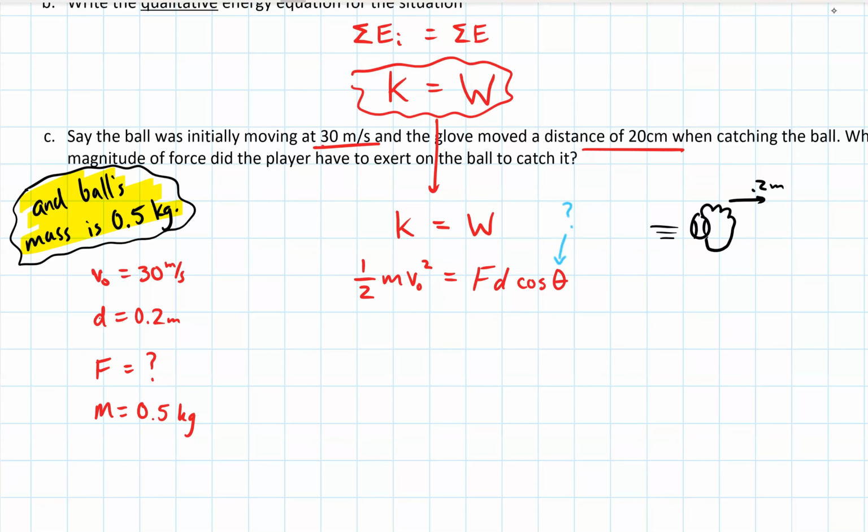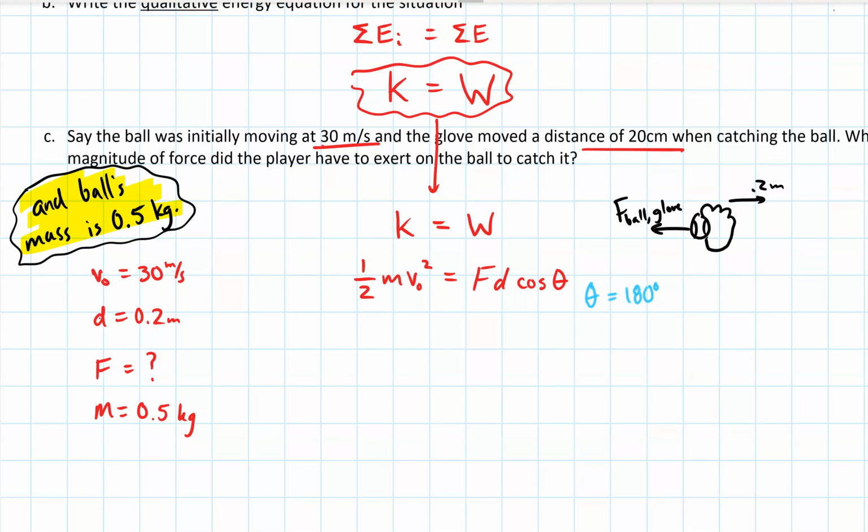In order to stop the ball, the glove is applying a force to the ball to the left, a force on the ball by the glove. So those two quantities are totally opposite of each other, 180 degrees. That tells us that theta is equal to 180 degrees.